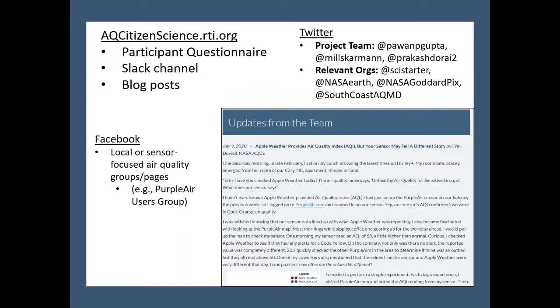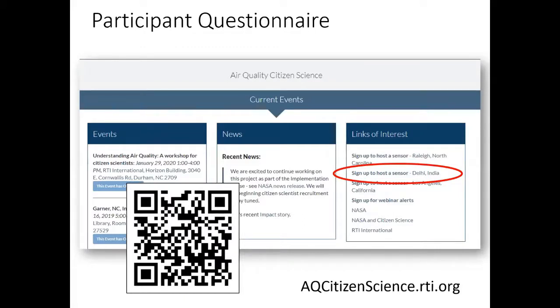Okay, so like I mentioned in the last slide, before receiving your sensor, you would need to fill out the participant questionnaire. You can go to our project website, aqcitizenscience.rti.org, and on the bottom right, there will be a link to say, sign up to host a sensor in Delhi, India.